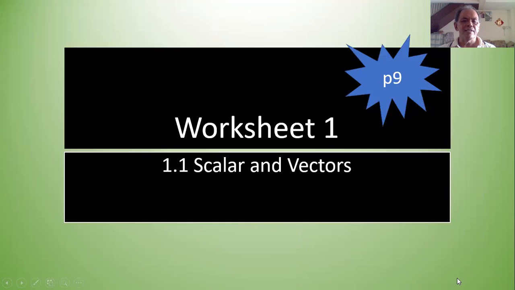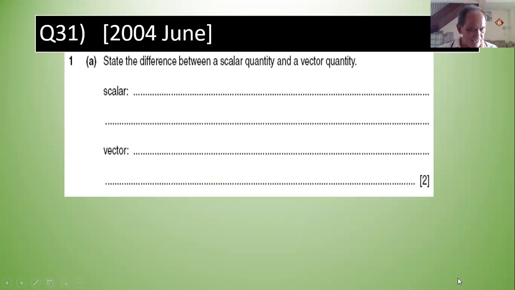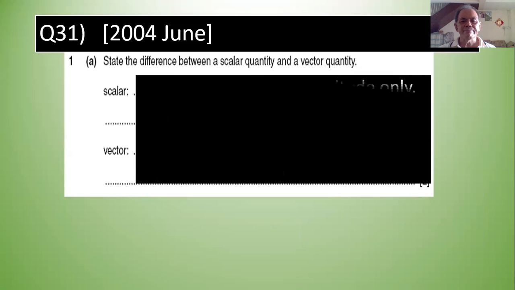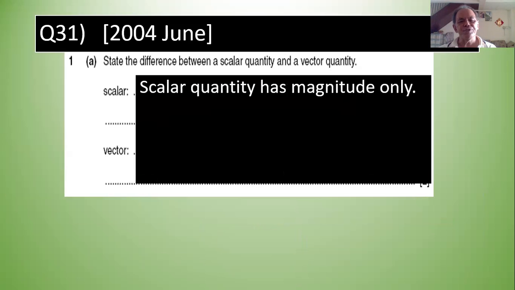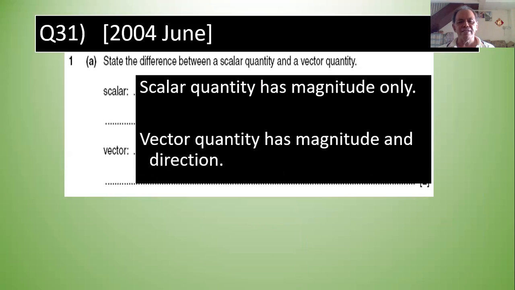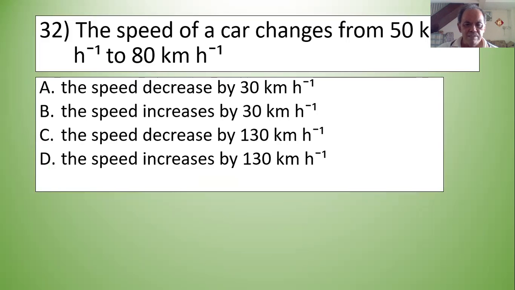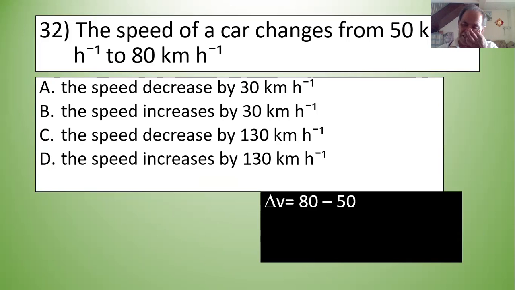Okay, let's look at some examples. You need to know what is a scalar and what is a vector. A scalar quantity has magnitude only, no direction. A vector quantity has both magnitude and direction. If it's a scalar, the speed of a car changes from 50 to 80, we know there's an increase, so 80 minus 50.